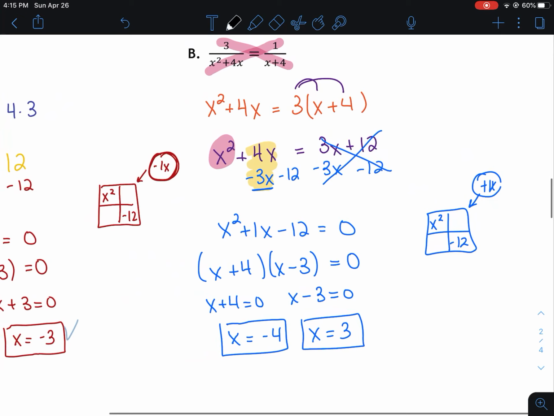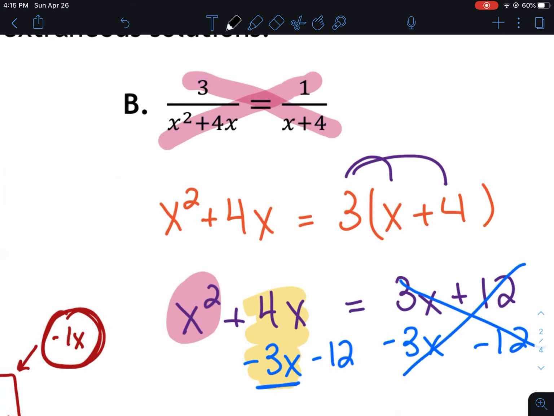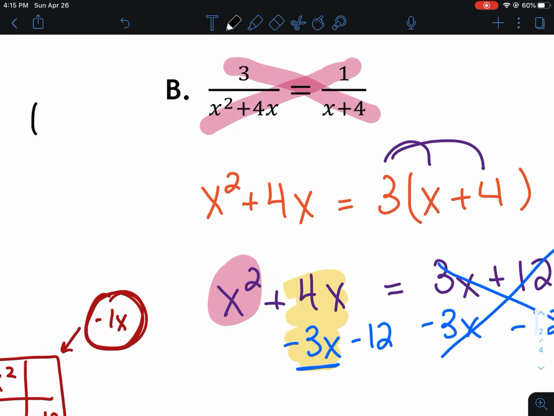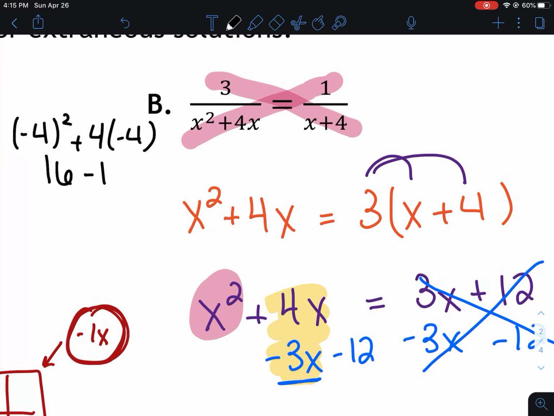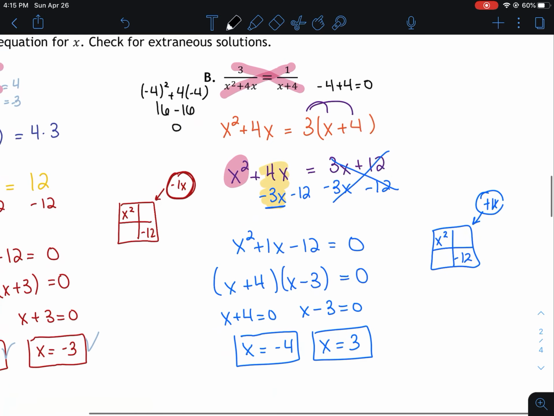Our last step is to check those answers. If I plug in negative 4, whether I plug it into the left, negative 4 squared plus 4 times negative 4, I get 16 minus 16, which is 0. If I plug it in here, I also get 0. I cannot have 0 in the denominator. That means that's an extraneous solution.